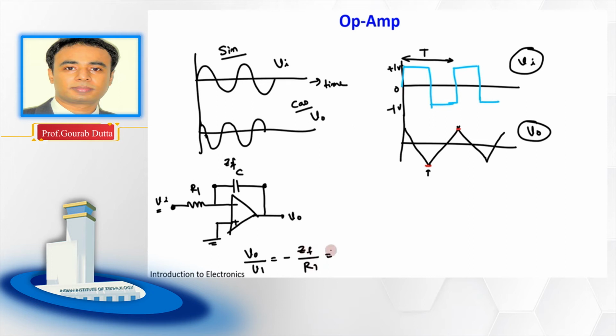So what is this ZF for a capacitor? It is 1 by omega C, so the gain is minus 1 by omega C R1, where omega is 2 pi F.